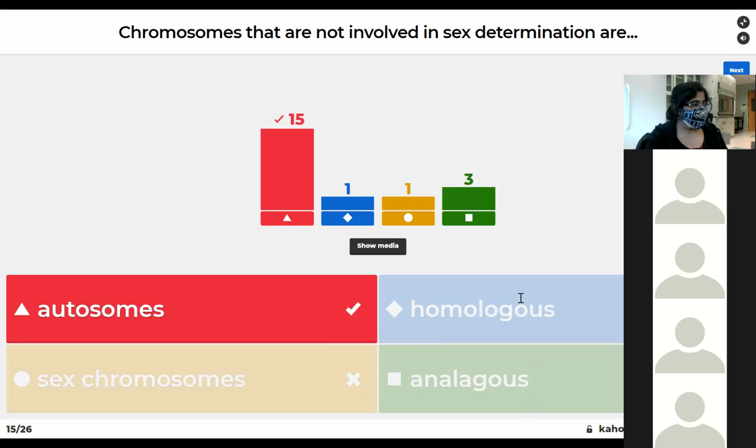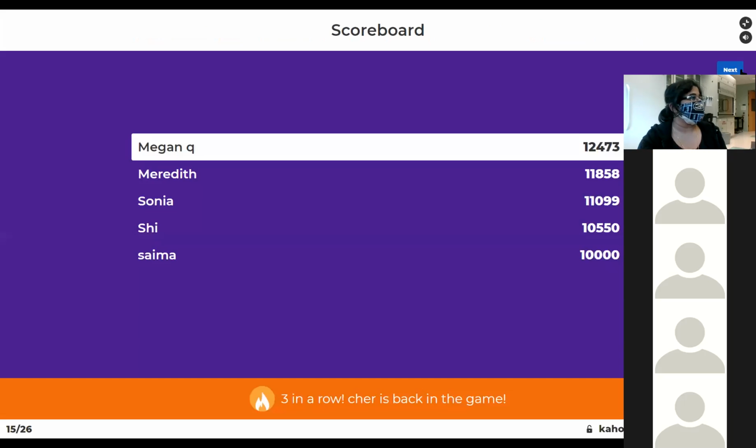Okay, so homologous and analogous are just saying the relationship between two different chromosomes. Sex chromosomes are the ones with sex determination, and then autosomes are obviously not doing that. I think we have time for one more question.